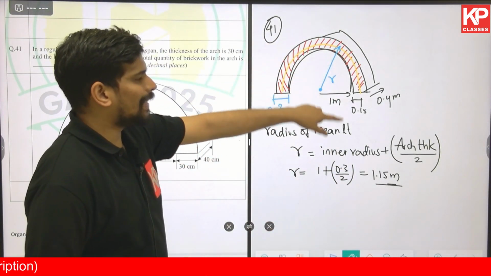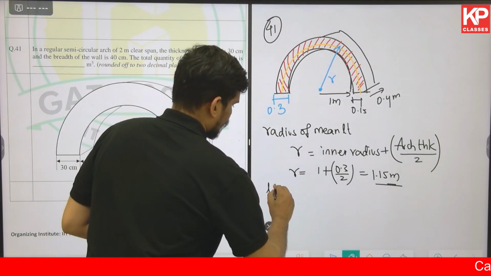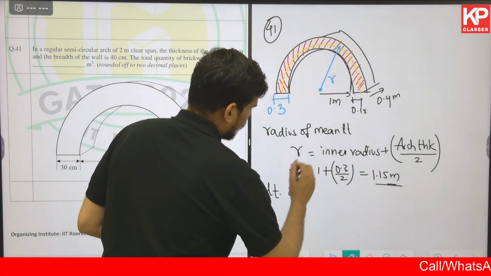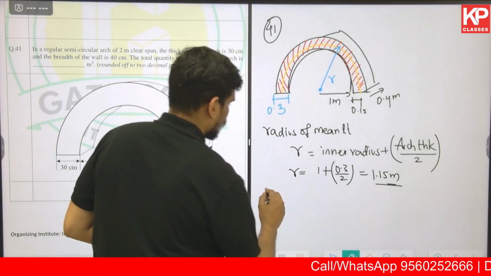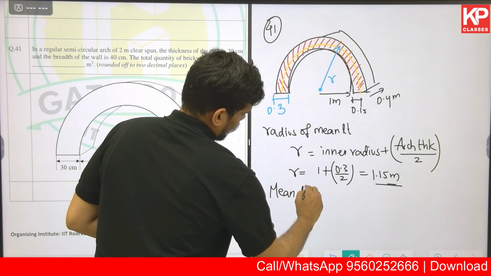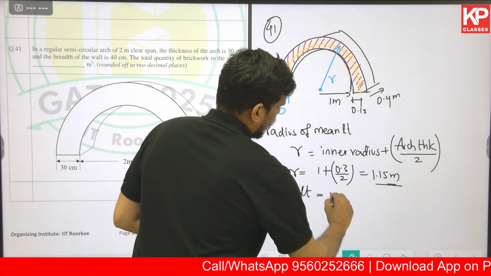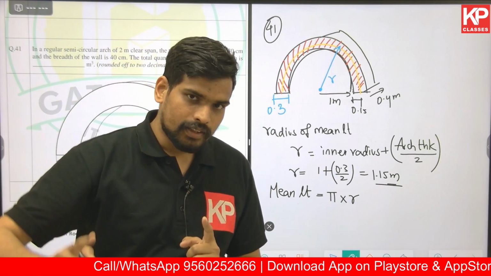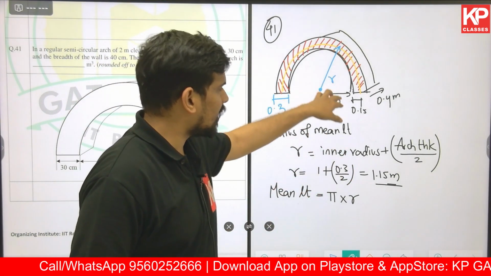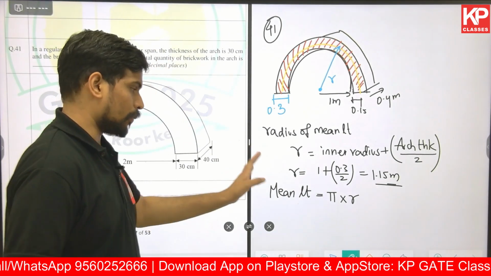Now what will be the length of that center line? Once you get the radius, you can find out the length of the center line, let me write it as mean length directly. The mean length of the arch will be pi into r. Why so? We've discussed this also. For a circle, the circumference is 2 pi r. For a semicircular arc, it will be pi into r.